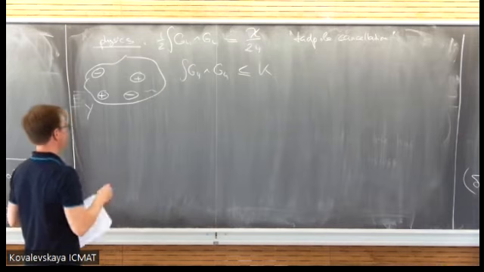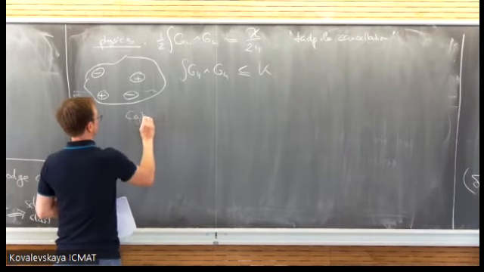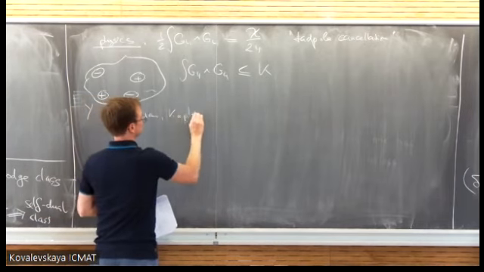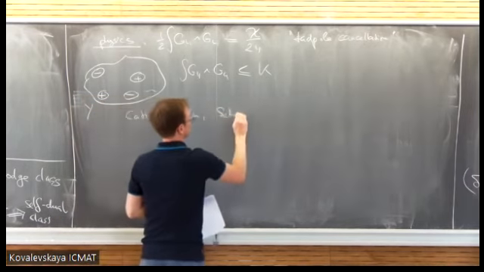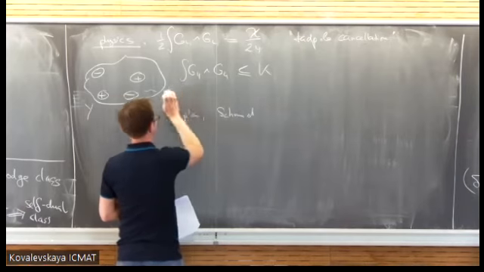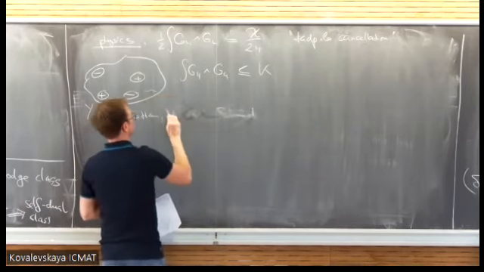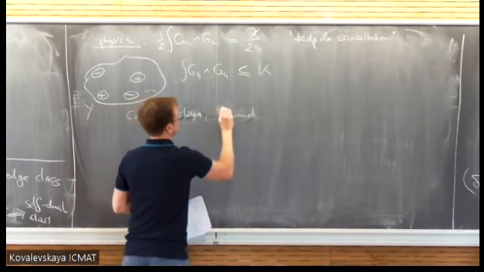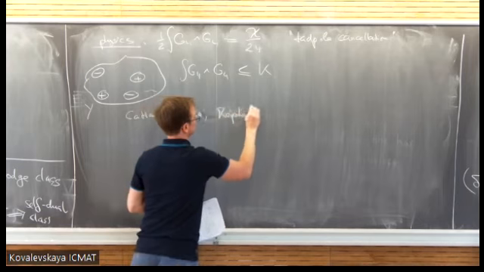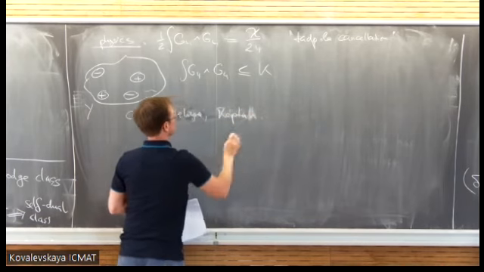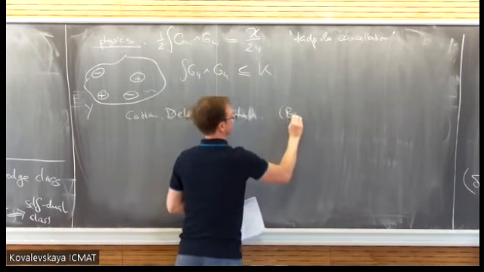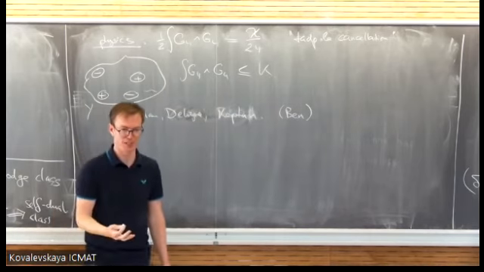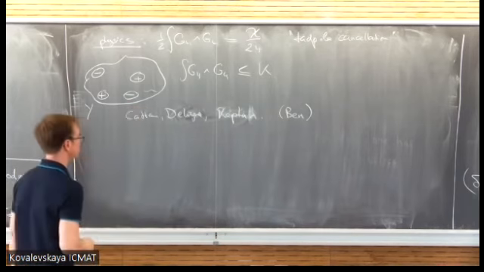And then there is this famous theorem of Cattani, Deligne, and Kaplan, which was discussed in Ben's lecture. And actually, he gave us a proof of the theorem, a reproof of the theorem using tame geometry.